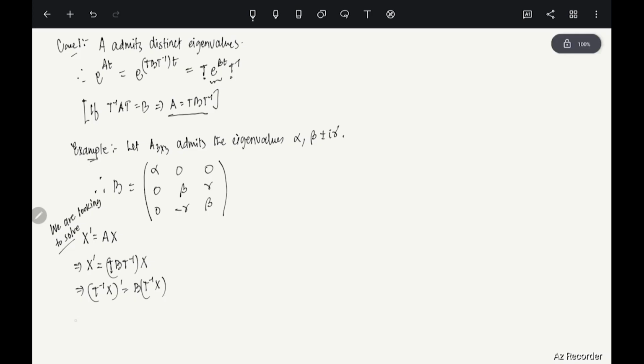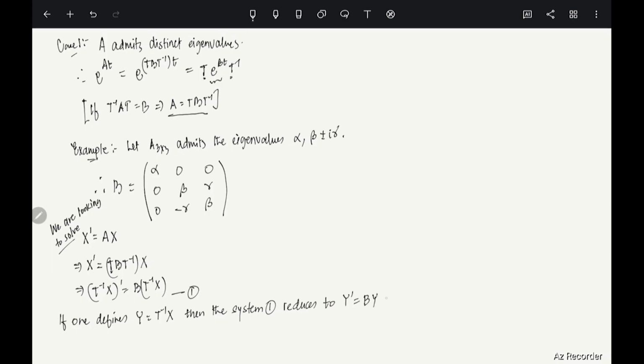Okay. Now, if one defines y to be nothing but T inverse of x, let's call it 1. Then the system 1 reduces to, what is it reduced to? Y prime equals B y.